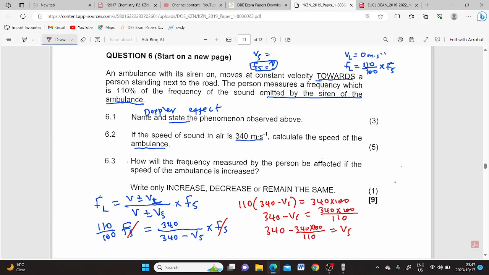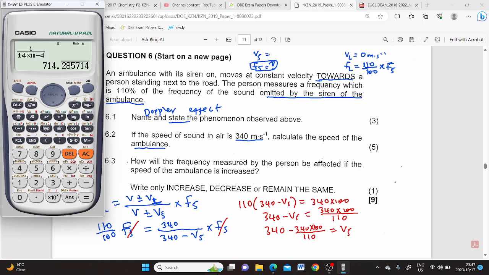Right, let's press our calculator and see what we get. 340 minus 340 by 100, then divide by 110.